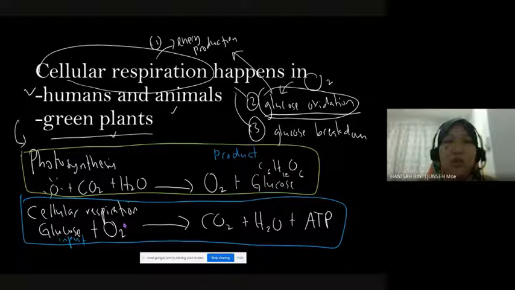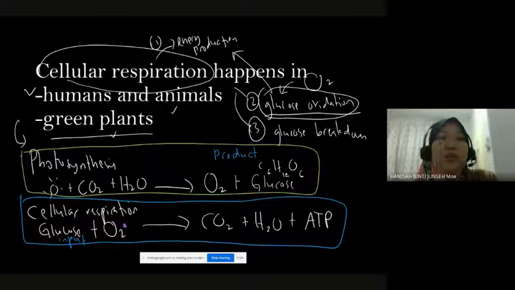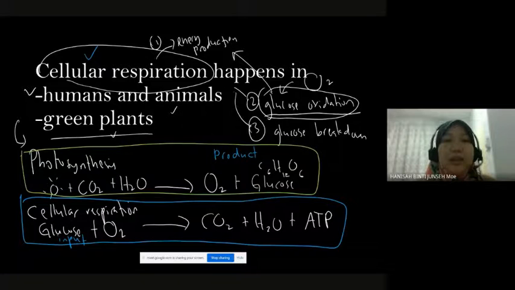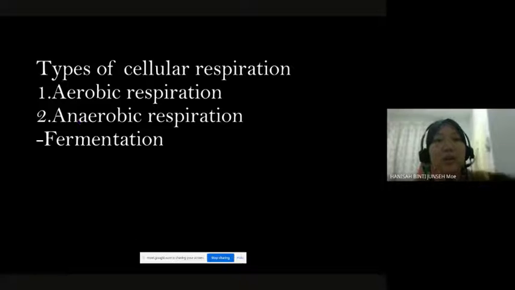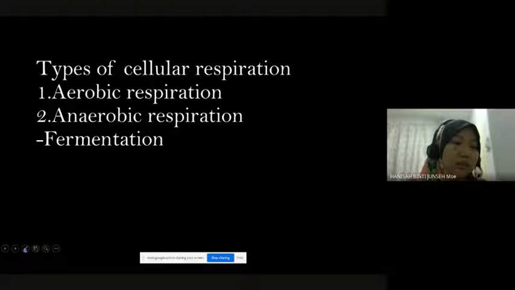So actually, you don't have to get confused. Now focus on cellular respiration. There are two types of cellular respiration: the first one, aerobic respiration, and the second one, anaerobic respiration. Since this is the first time you learn about cellular respiration, I'm going to say it again and again so you remember.